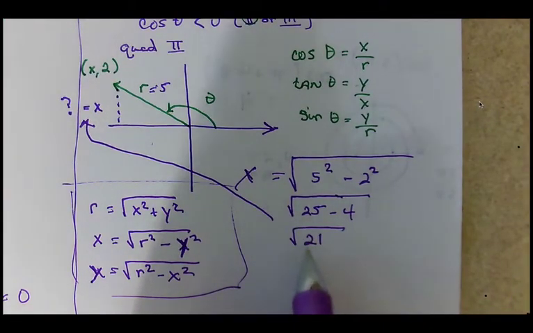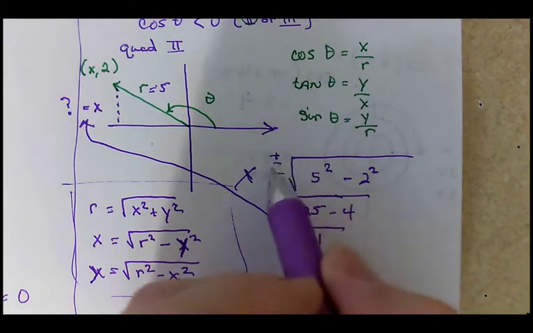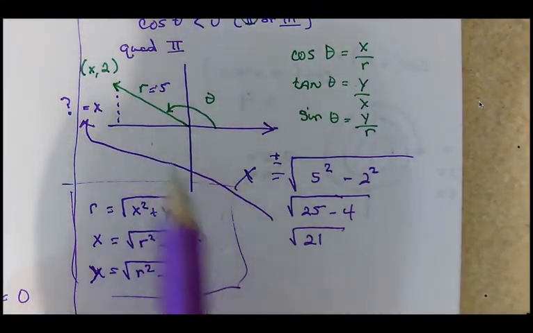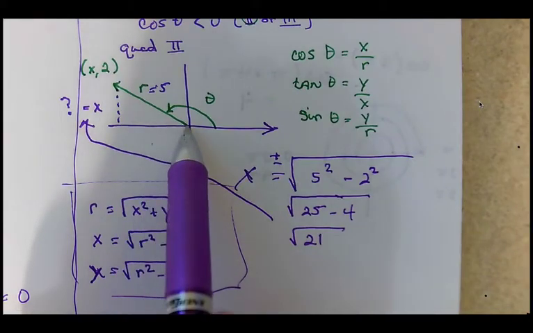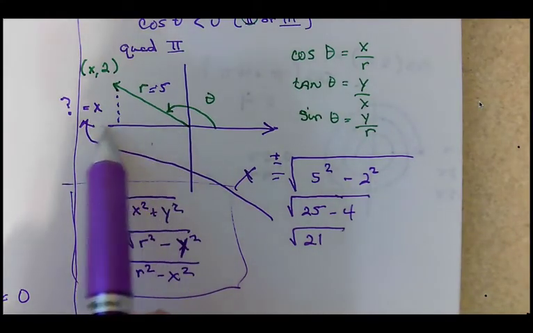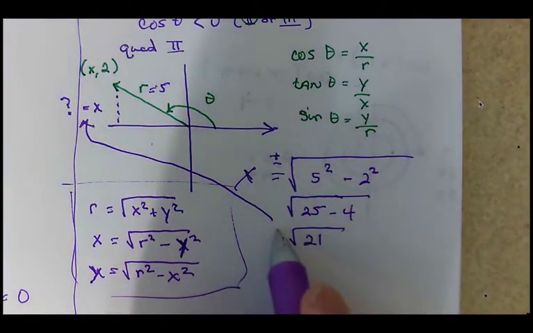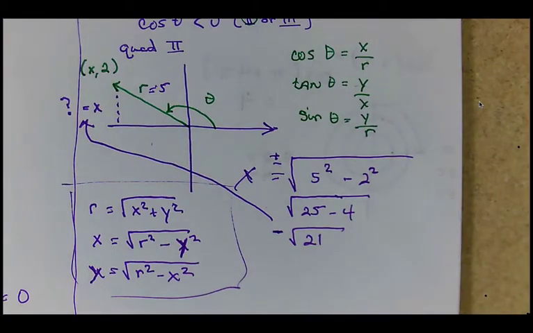We need to be careful because we're doing a square root, so it's either positive or negative. Based upon where we're at on the unit circle, we're in quadrant 2, where x is negative. So x is negative square root of 21.